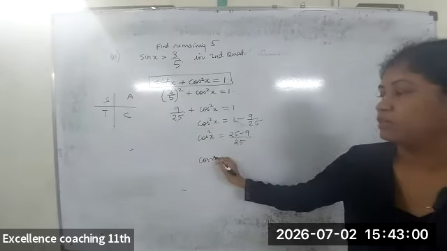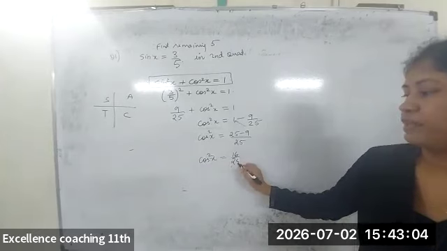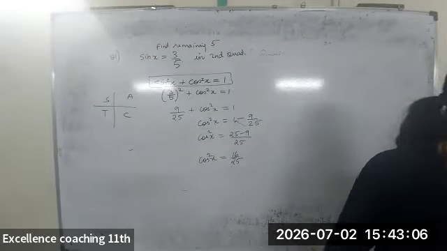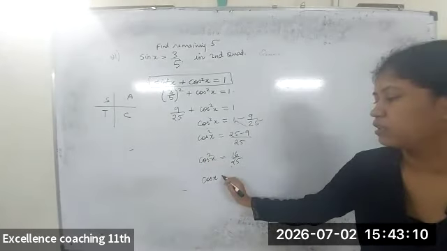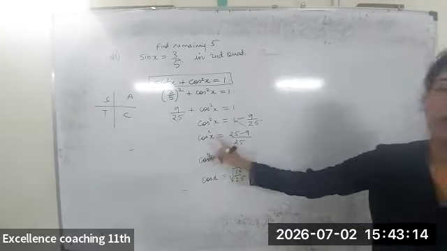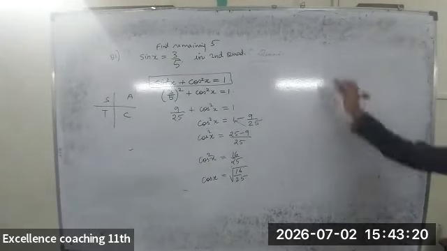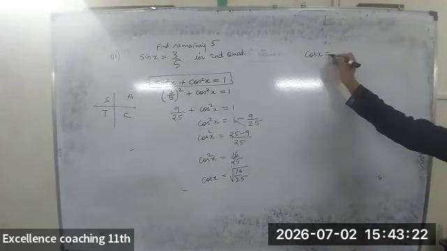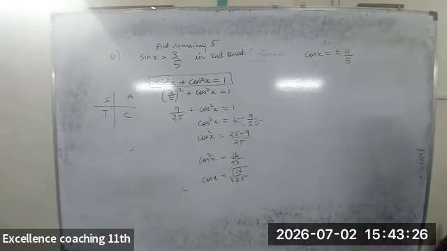Now cos square x will be 16 upon 25. This you will get, correct? Now cos will be what? Root of 16 upon 25. Because square, if you take it on the other side, it will become root. Now you know, usually we write what? Plus or minus. So this is 4. This will be 5. So cos x value we got.